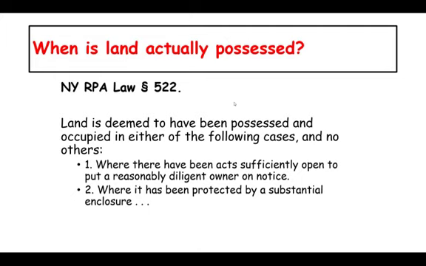But there are definitely cases here in New York City about adverse possession. But the key thing to know about this is that there have to be acts that signal to the owner, hey, your rights are in jeopardy here, you better do something. And that's going to be a case-by-case analysis. But a fence or a building will generally satisfy that requirement.